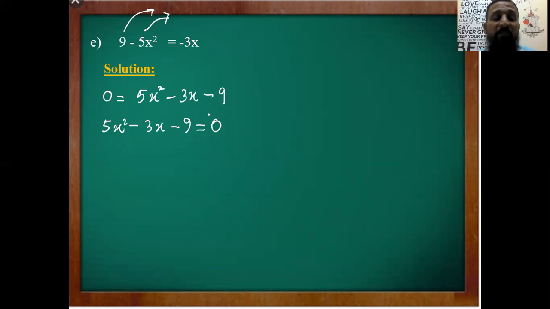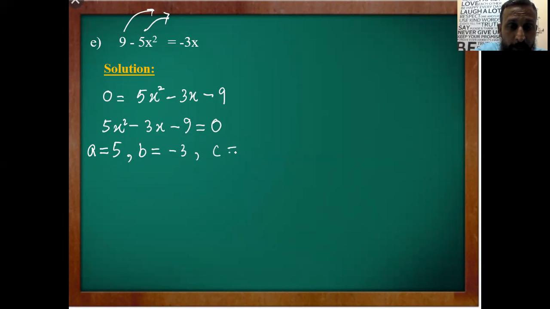So finally I have my quadratic equation as 5x squared minus 3x minus 9 equals 0. The important step is to extract the values of a, that is 5, b, that is negative 3, and c, that is also negative 9. Negative signs are really very important. Don't ever ignore these negative signs. If you do so, your answers will be absolutely wrong.